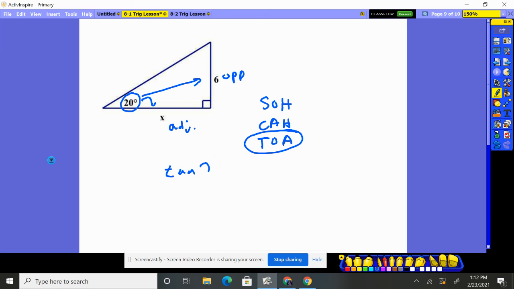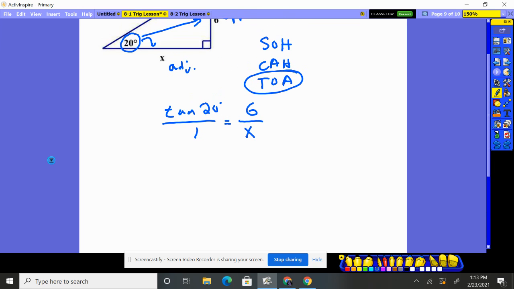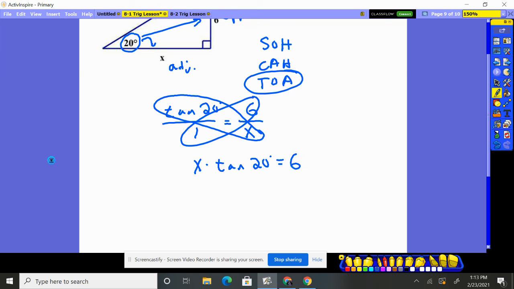So the tangent of 20 degrees over 1 equals the opposite, which is 6, over your adjacent X. This is why I always write them as fractions here, because look what happens. It's not as pretty as last time. We end up with these multiplied. X times the tangent of 20 degrees, whatever that is, that's just some number, equals 6 times 1, which is 6.